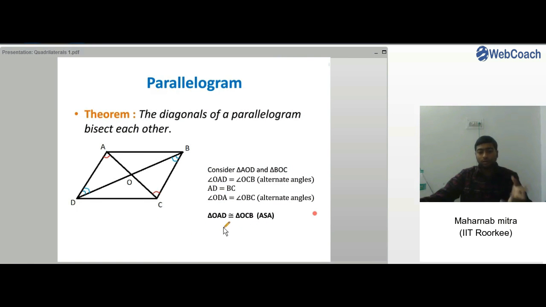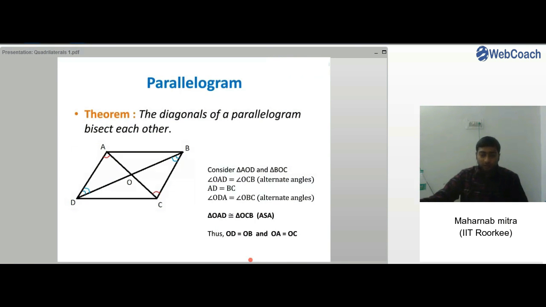We have proved that triangle OAD is congruent to triangle OCB, and the rule we have used is the ASA rule.